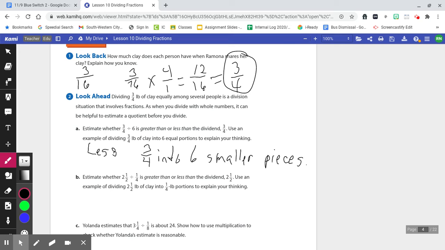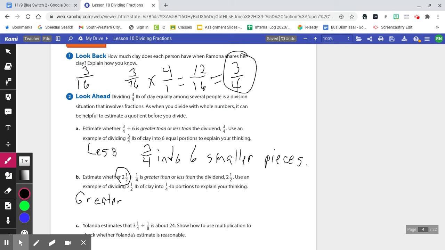You should have said greater on this one. Because what I did was I had 2.5 and I cut each of those pieces into smaller pieces. I have more than my 2.5, more pieces, but they're much smaller.